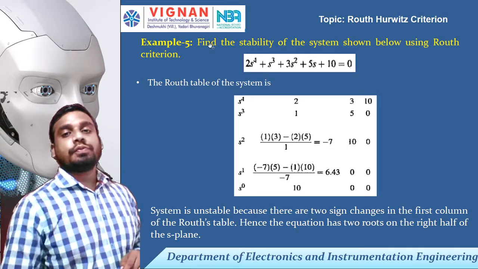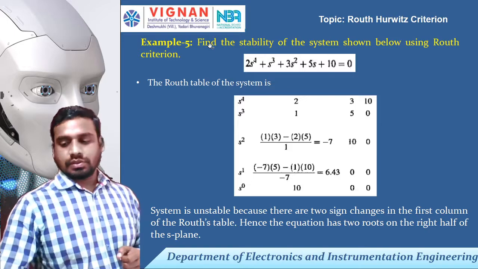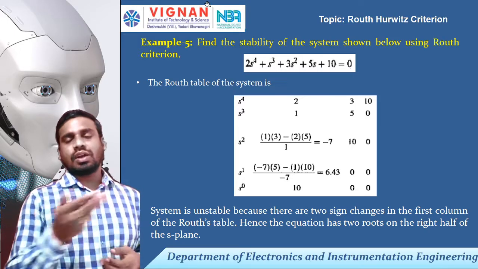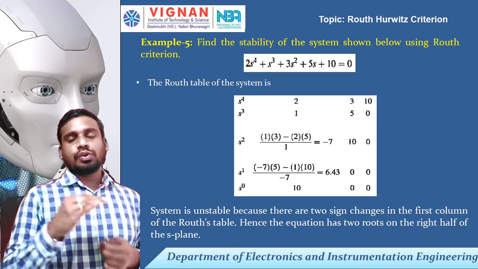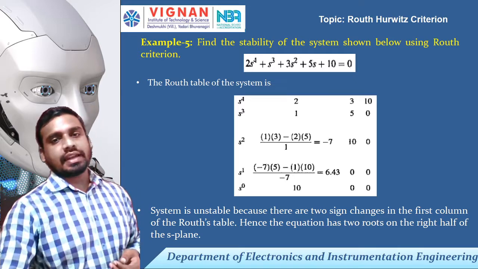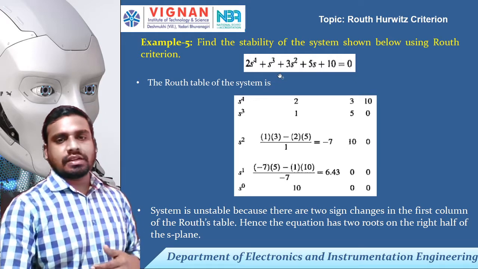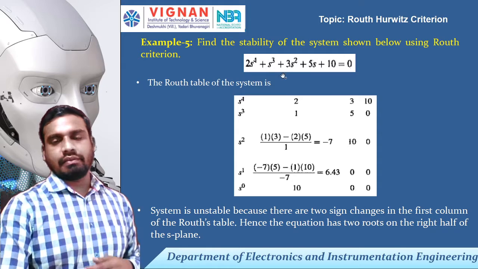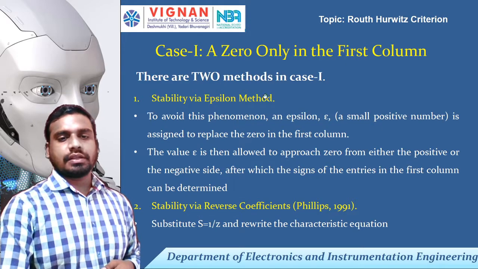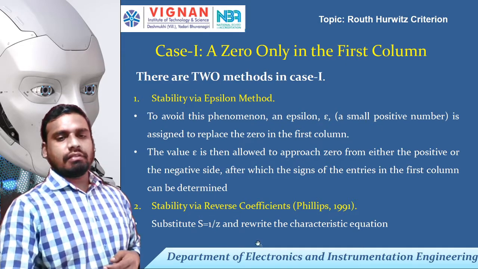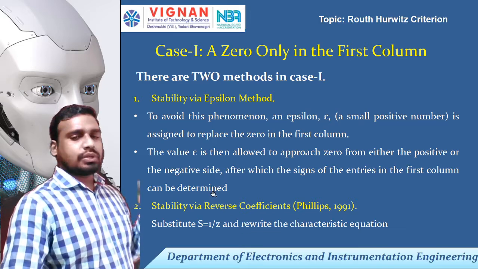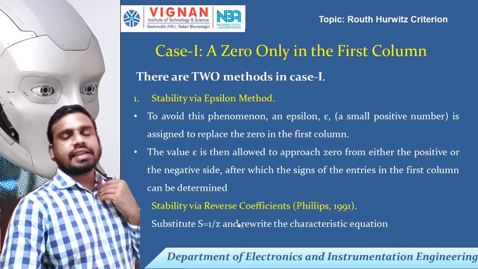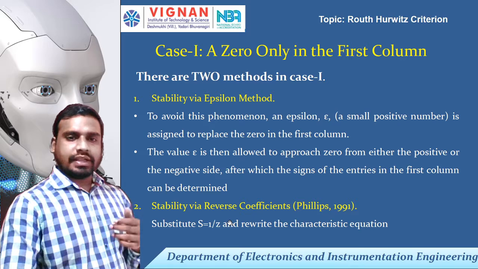So what you get is 5x cube, right? Just substitute 1 by x and solve. Substitute s equal to 1 by x and solve for that characteristic equation. We will see how it behaves. We have given problems on that, right? See here, actually, I gave 1 by z. You can substitute x equal to 1 by z, rewrite the characteristic equation, and solve for that.